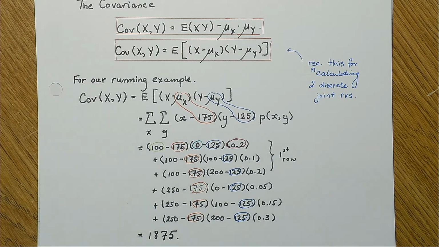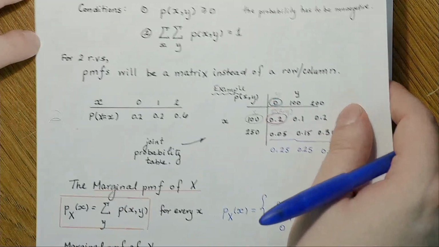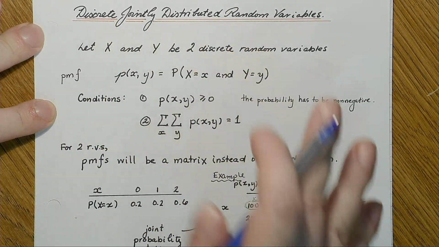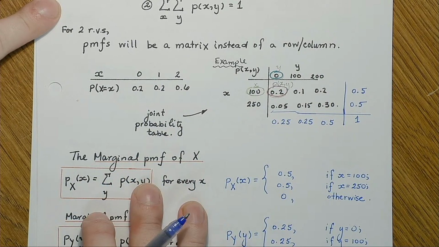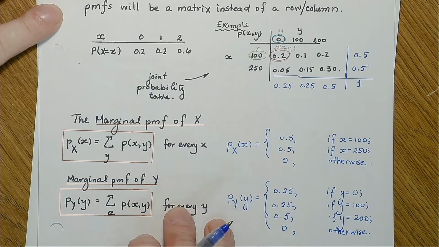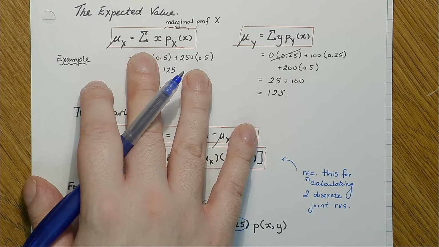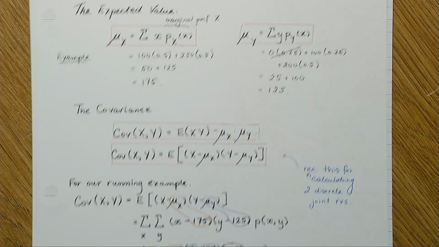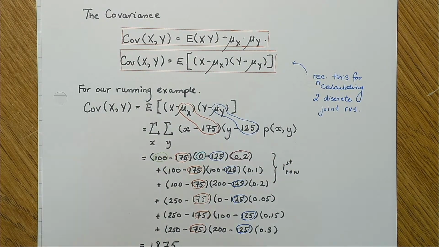So this is the end of the material that we've covered then for the midterm. So yes, you will have to know how to do a discrete jointly distributed random variable, how to calculate the marginal probability mass functions of x and y, and you will have to know how to calculate, say, the expected value of x and the expected value of y, and you should be able to calculate the covariance.